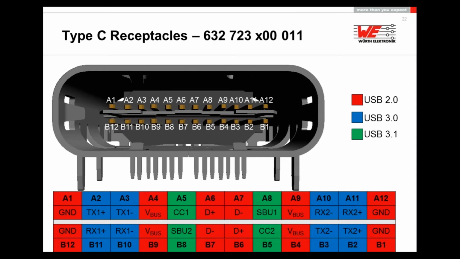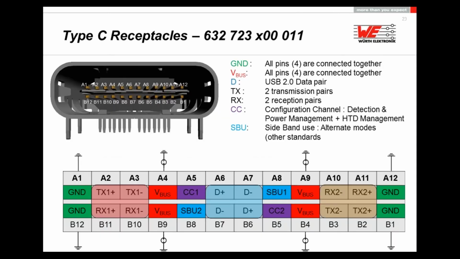How does a connector look, and what about the pinning? What we can see here is the PCB side, just the front view, and we can observe directly that we have two pin rows, row A and row B, and in every pin row we are speaking about 12 pins. And colored, you will see the different signals. So in red, we can observe the standardized USB 2.0 signals.